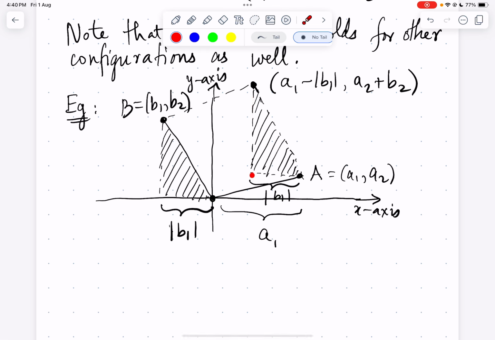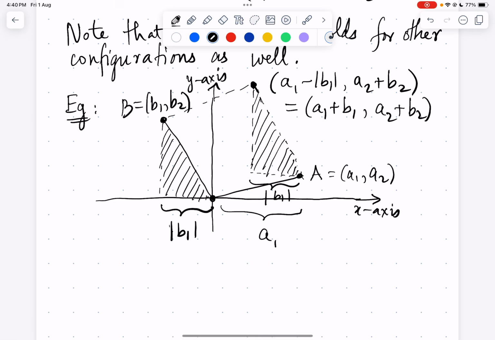This height is a2, just the height of a. And this height is, because of the triangle, just b2. So these are the coordinates of the fourth point. a1 minus mod b1 is just a1 plus b1 here, since b1 is negative, so minus mod b1 is just plus b1. And the second coordinate is anyways a2 plus b2.